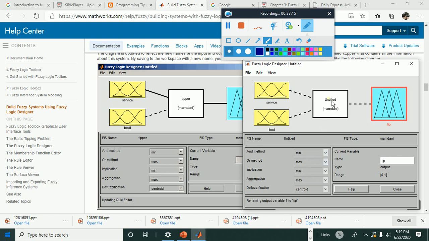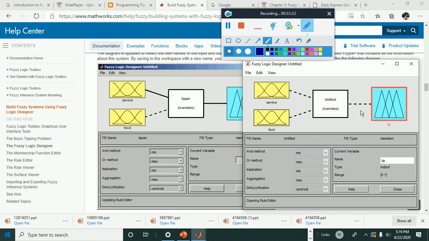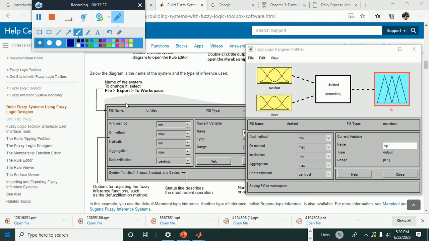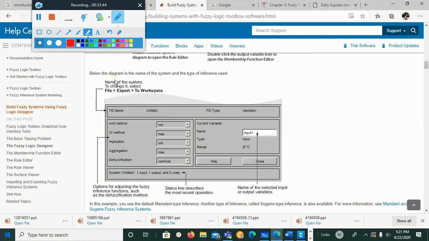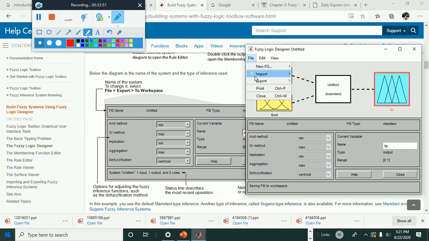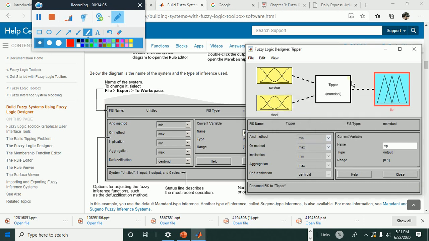And this we will name as tipper. Here we can change the name of the function file, and then export to workspace, and change the name into tipper. So that has been changed.